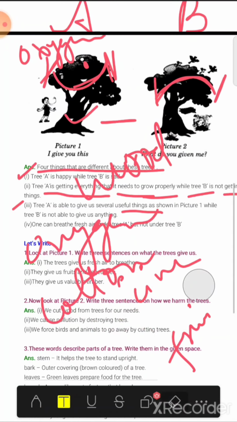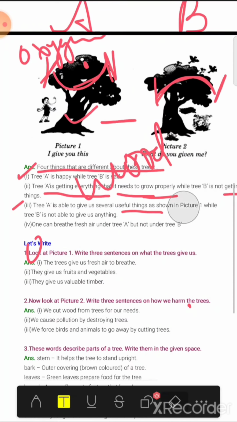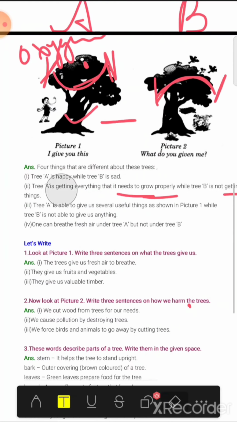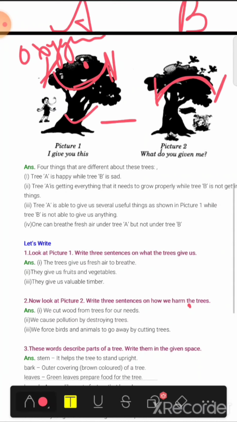So there are so many things which a tree gives us to live happily, safely, and to feel fresh. And tree B is not able to give us anything because this tree is already in pain.